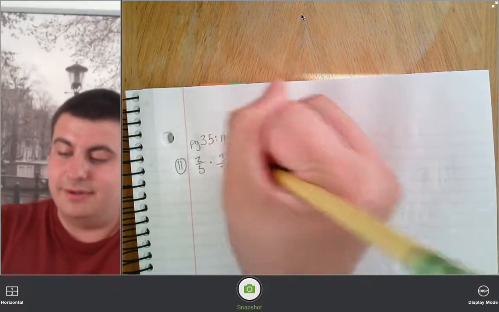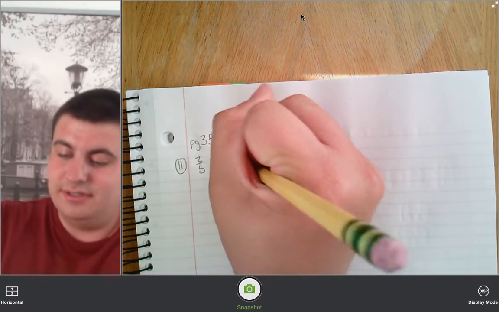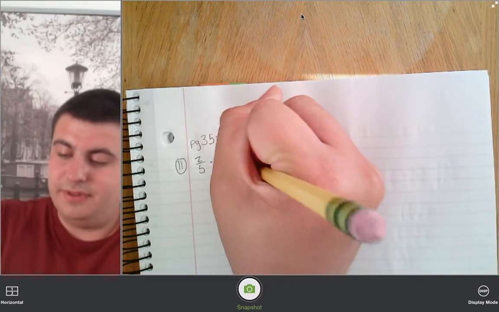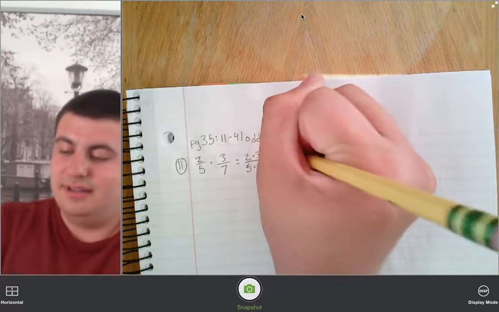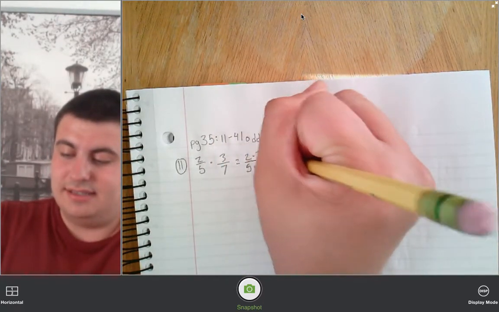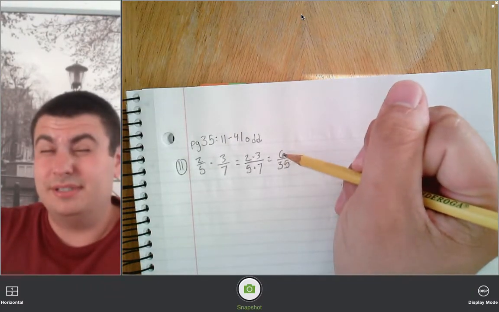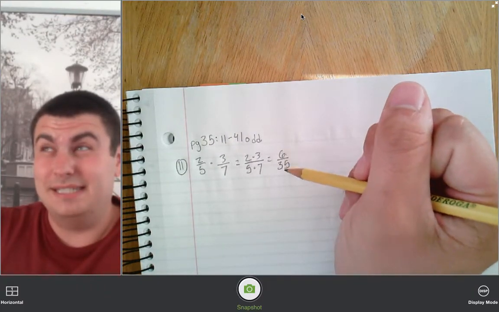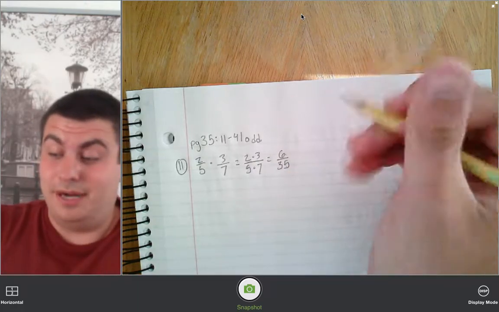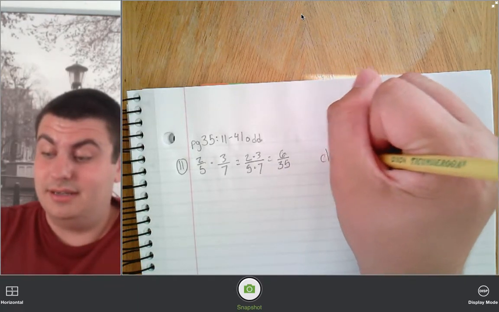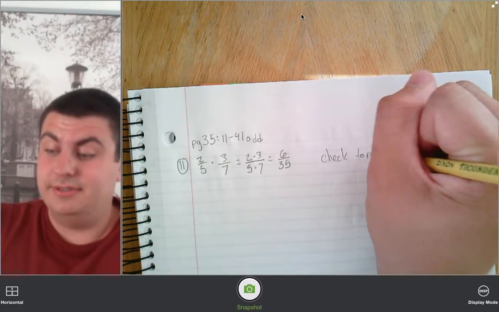Remember, with multiplying, we're going straight across. 2 times 3 over 5 times 7. Make that 6 over 35. We've got to check. Can we reduce? Is there a common factor between 6 and 35? Nope. Always remember again, check to reduce.